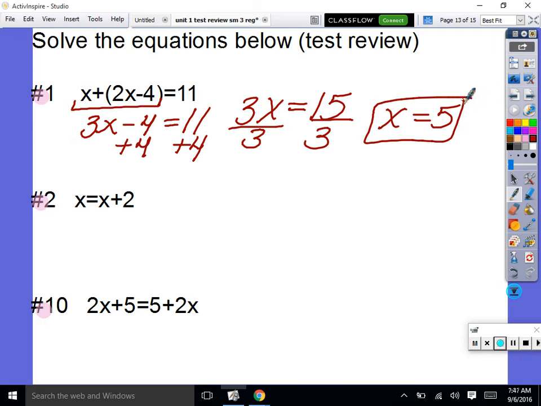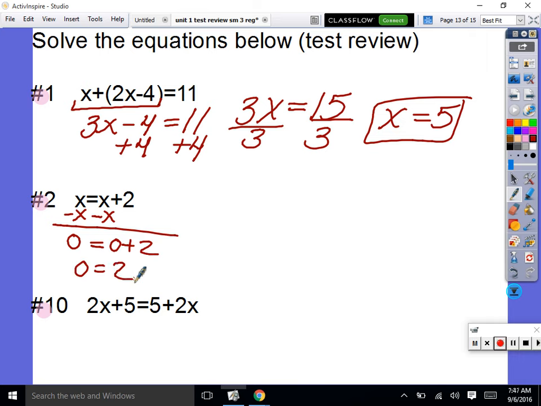Okay, let's do number 2. It's something we haven't seen since last year. If I said solve for x, we've got to combine x's, but we've got to use algebra to get from one side of the equation to the other. So I'm going to subtract x. Now look, won't that be 0 over here? X minus x is 0, which is equal to 0 plus 2, right? So don't we get 0 is equal to 2?